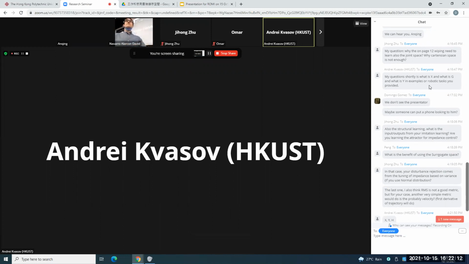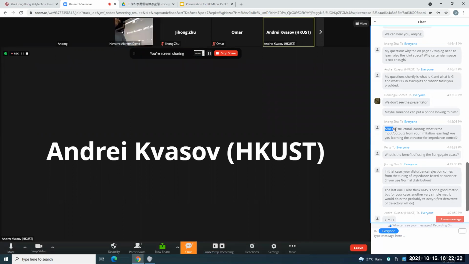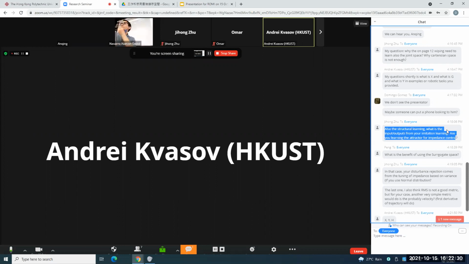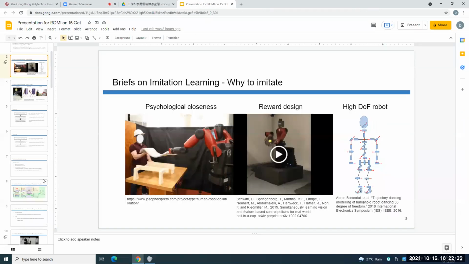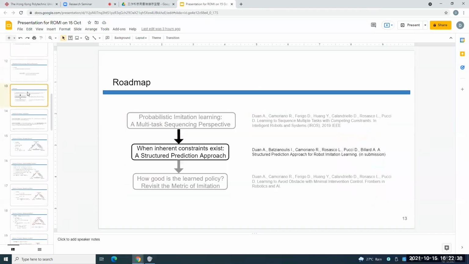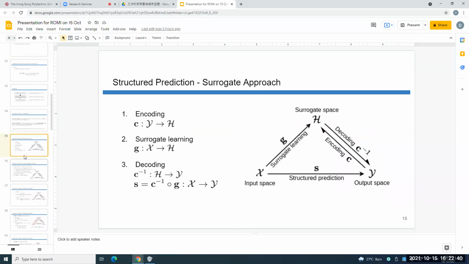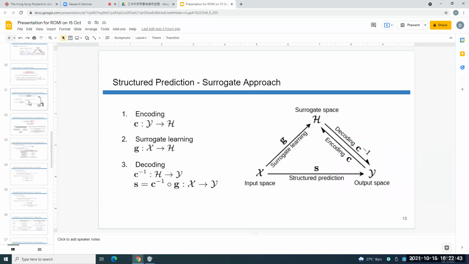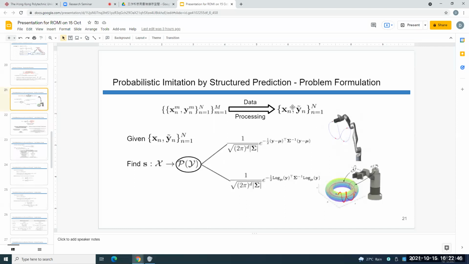Also, for the structured learning, what is the input? Jihong, for the structural learning, the input is xn.